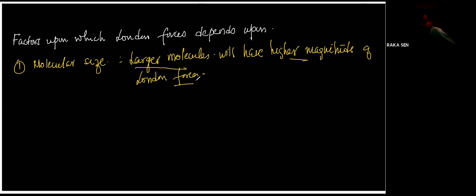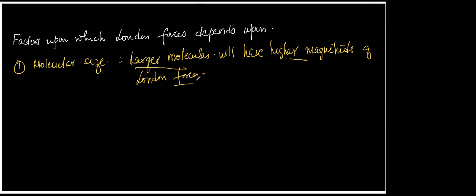Now, if the electrons are tightly held, will the fluctuations take place or not? No sir. In larger molecules, are the electrons placed far away from the nucleus of the molecule? Yes sir. Will the fluctuations be more now? Yes sir.